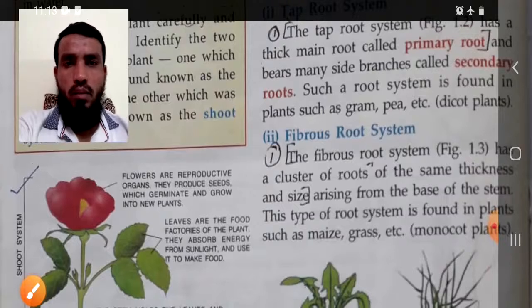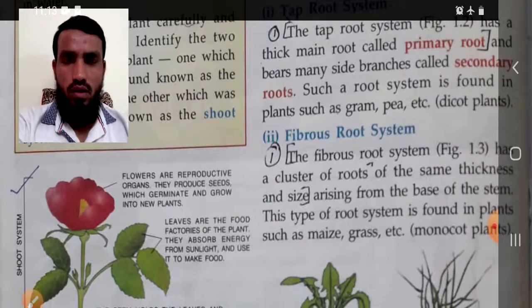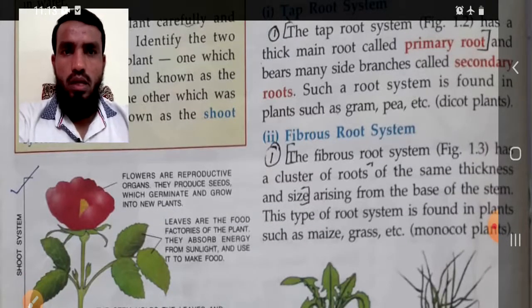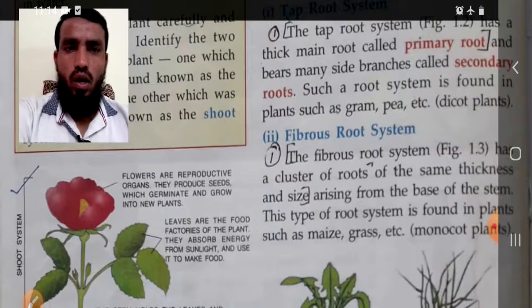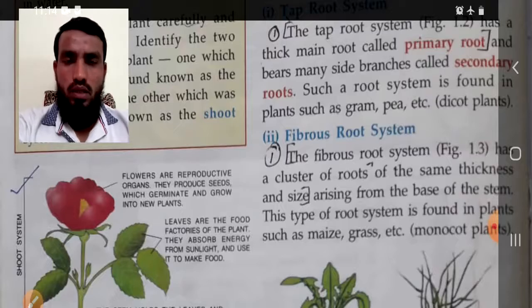And the next main thing we have to see is the flower. The flower is the reproductive organ of the plant, okay. After pollination it produces seeds, which germinate and grow into a new plant. That is why it is very important.